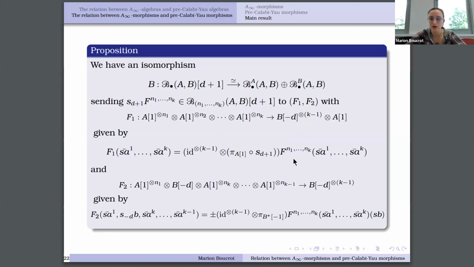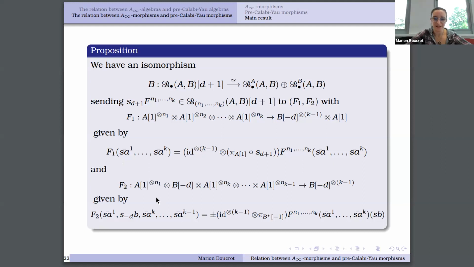And the last output of this F is an element of A shifted by minus D plus B star shifted by minus 1. So we shift this element and then take the projection to A shifted by 1 in order to get the last output as an element of A shifted by 1. So this is the easier map.